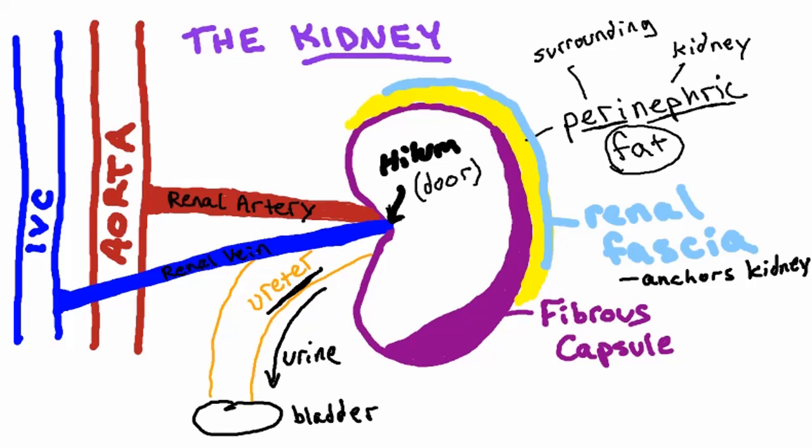So let's cut this kidney open and see what it looks like on the inside. So inside, the kidney is divided into two major regions. You can kind of draw a line around here, separating the middle of the kidney from the most superficial layer of the kidney. So this layer out here, the most superficial region, is the cortex.